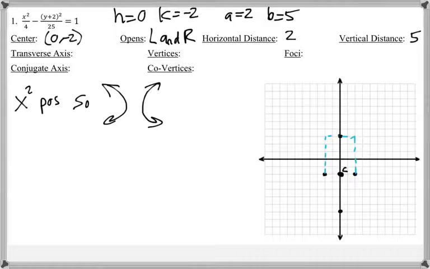So I'm going to draw a rectangle. So this isn't actually part of the hyperbola, but it's going to help me draw the hyperbola. So I'm drawing this rectangle, and then I need to draw diagonal lines through this. So it's going to be kind of hard on my whiteboard app, but let's see how it looks.